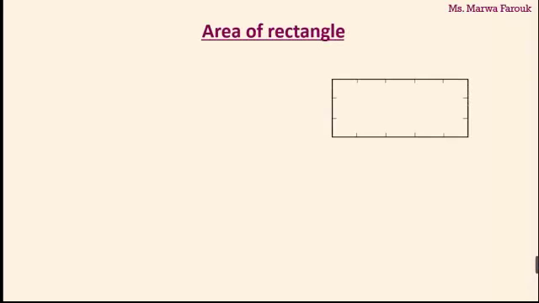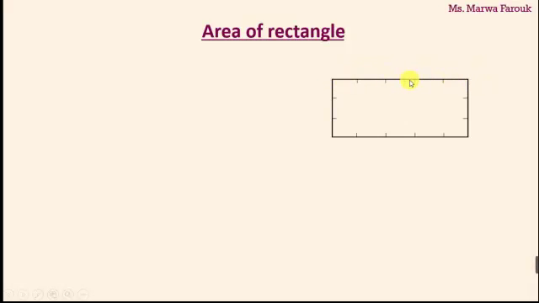Okay. Today we are going to take a new topic, which is the area of a rectangle. As you saw in the previous examples, when we have an array, we just multiply the number of rows by the number of columns. The rectangle is just like an array, so we can multiply this side and this side.